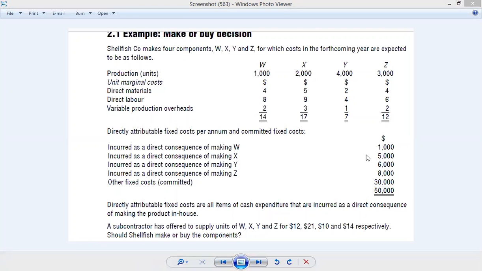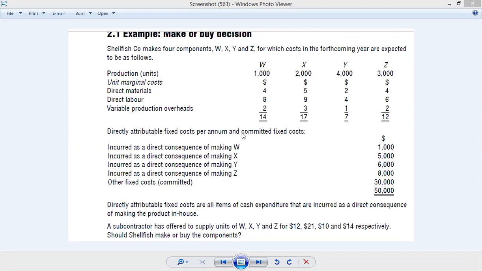The word marginal cost simply means variable cost. We also call it direct costing, or out-of-pocket costing. The variable costs are direct material, direct labor, and variable production overhead. This is the breakdown.